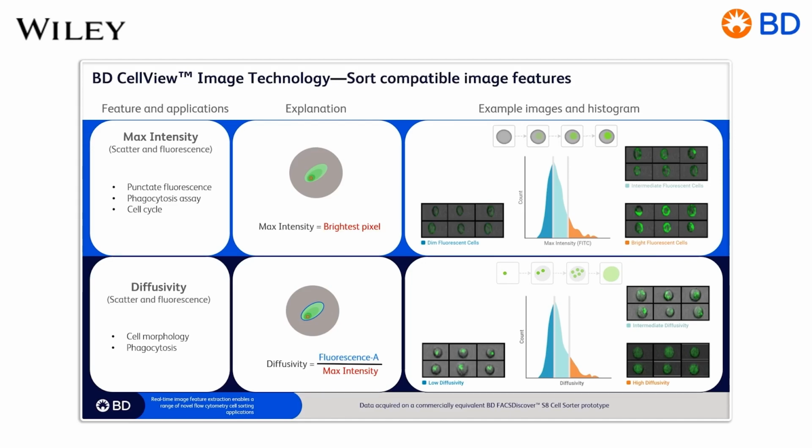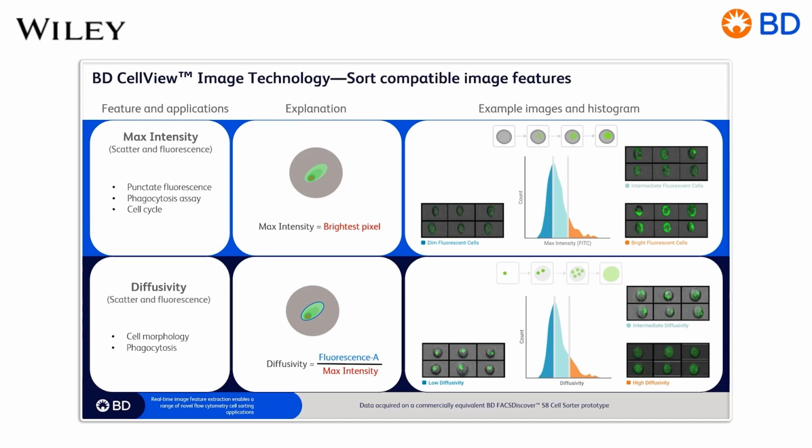If you have a very few number of pixels that are all kind of the same brightness, that fluorescence number on top is not going to be very big, but that max intensity is going to be very big. So you'll have low diffusivity. Whereas if the opposite is true, if your fluorescence number is quite large but your max intensity is low, then you're going to have a high diffusivity, which means the signal is very spread out or diffuse, essentially.